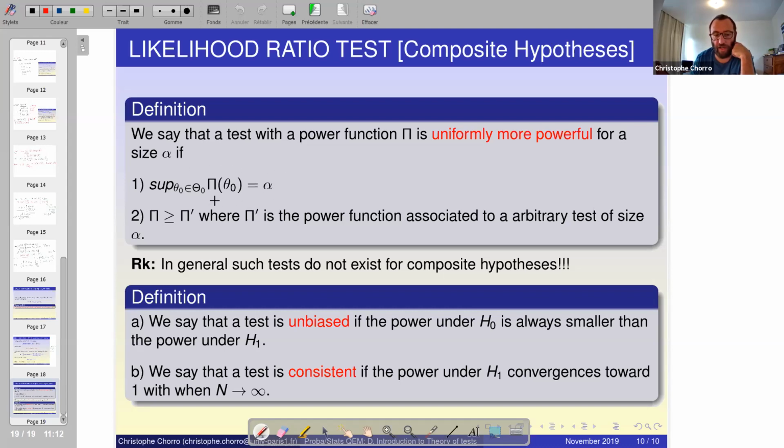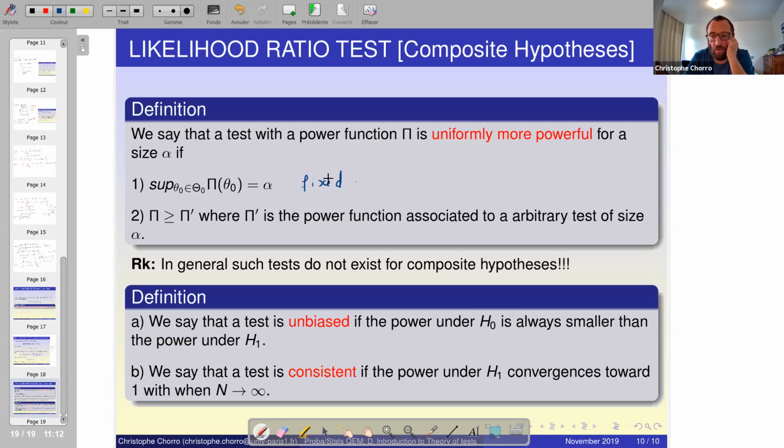So I have a fixed level here. And when I have a fixed level, I will say that a test is uniformly more powerful if it has a power function that is always greater than the power function of any other test associated with the same size.